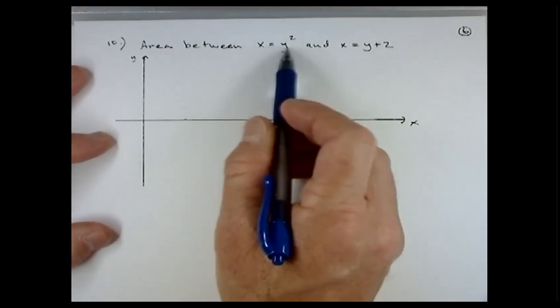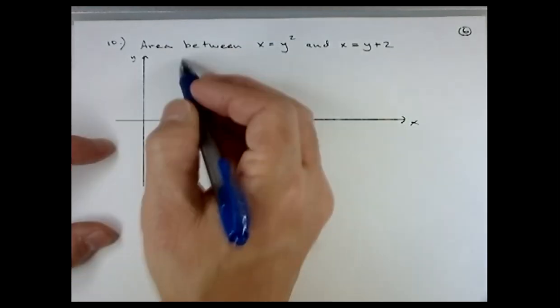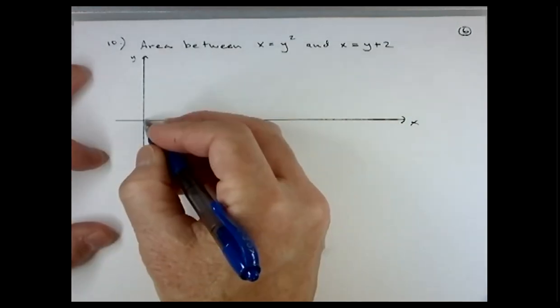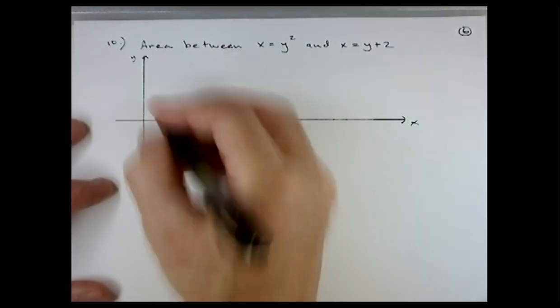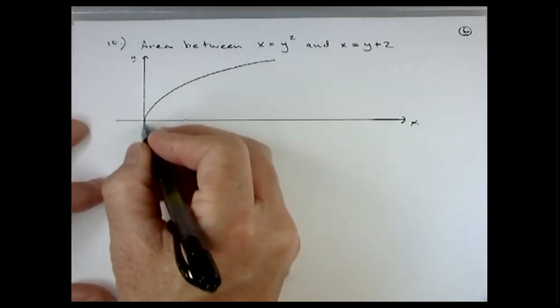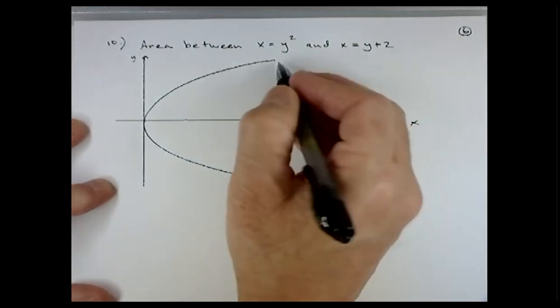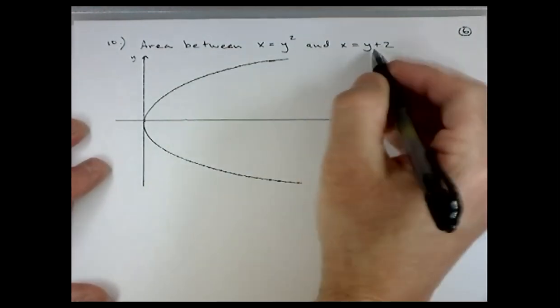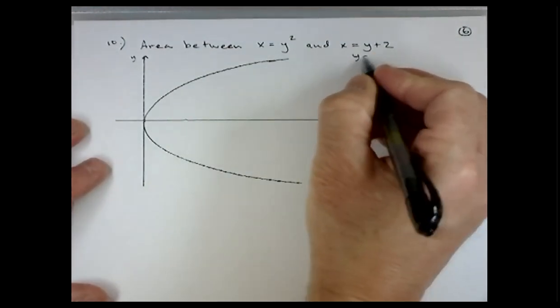X equals y squared. We know y equals x squared is a parabola opening up. This would be a parabola opening to the right. And then x equals y plus 2, that's easy enough to solve for y.